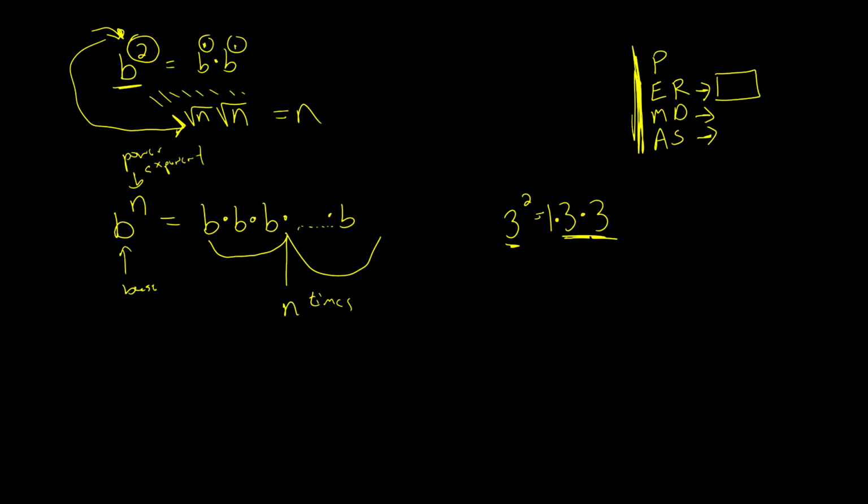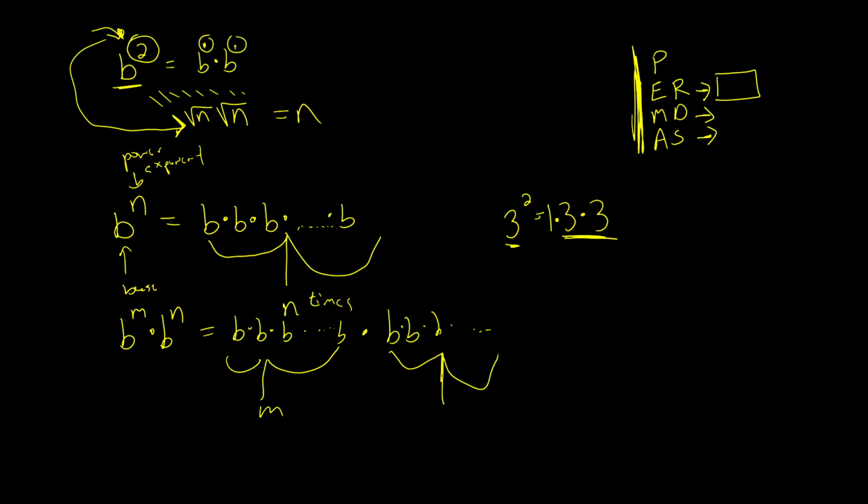Well, let's build some rules from these. Then, if I take b to the m and I multiply it by b to the n, I'm going to expand this out: b times b times b, m times.